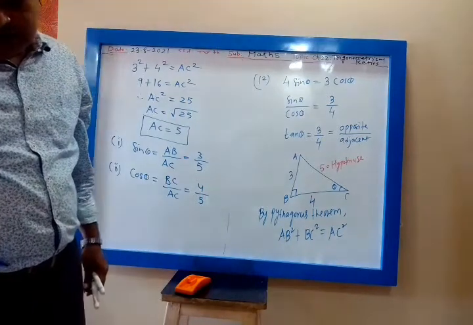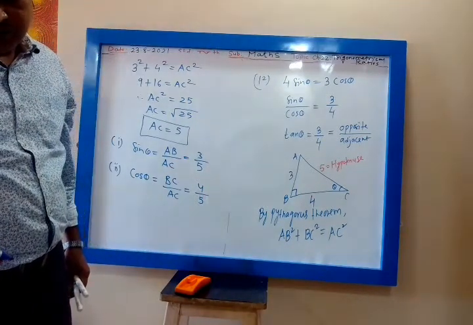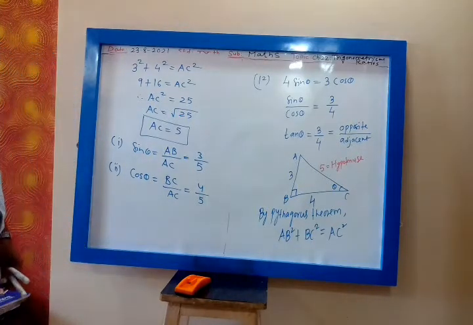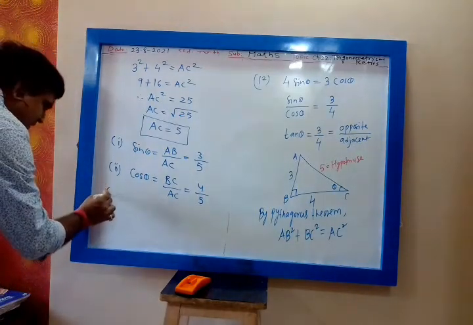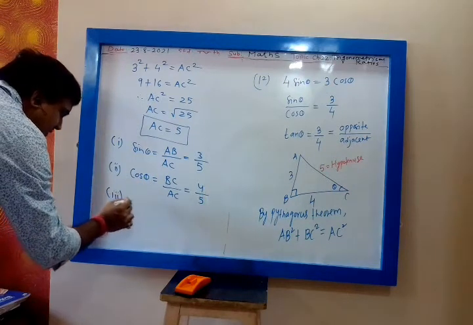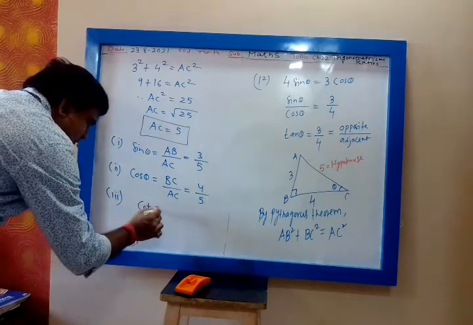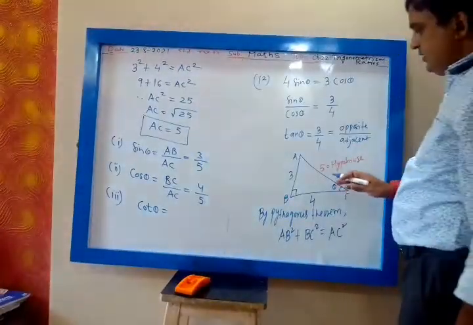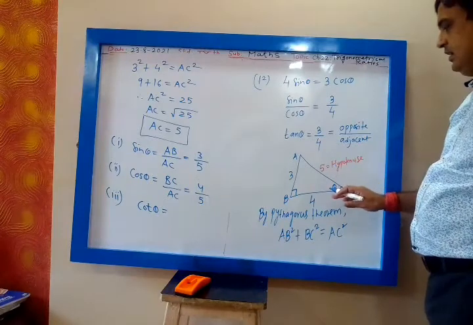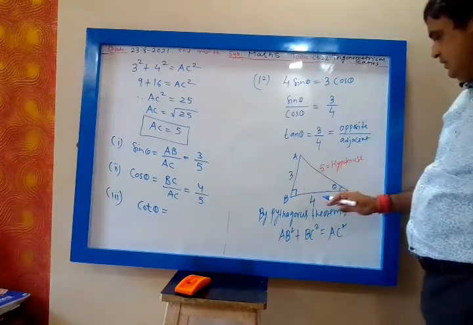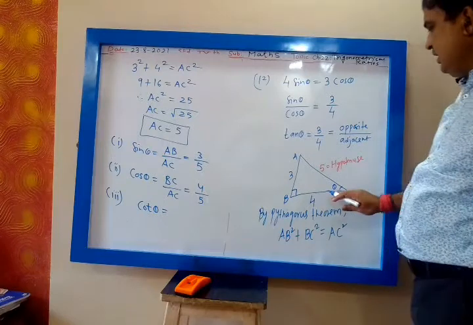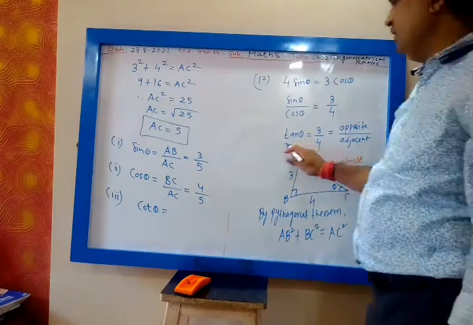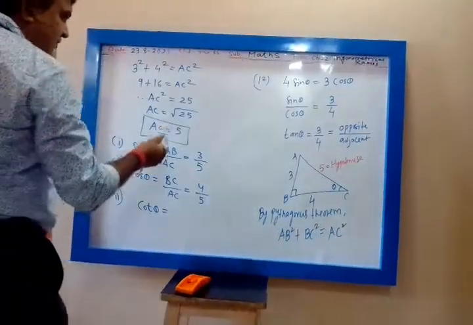Now find cot square theta minus cosec square theta. So find cot theta and cosec theta. What is cot theta? Reciprocal of tan theta.